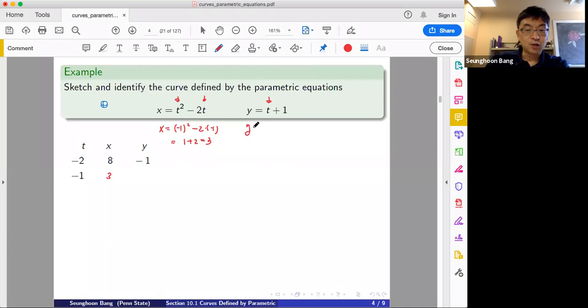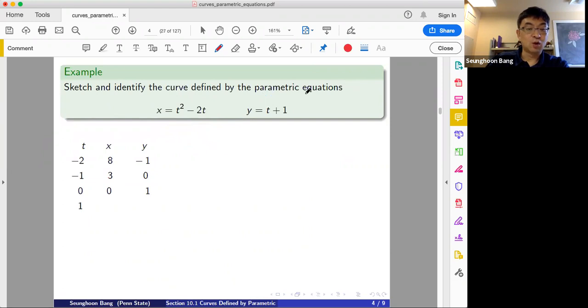The y value is -1 plus 1, which is 0. We have this point. You plug 0 into here. 0 squared minus 2 times 0 is 0. You plug 0 into here. 0 plus 1 is 1.